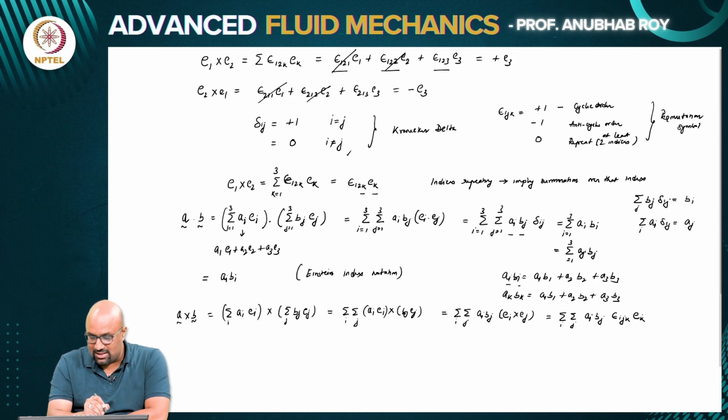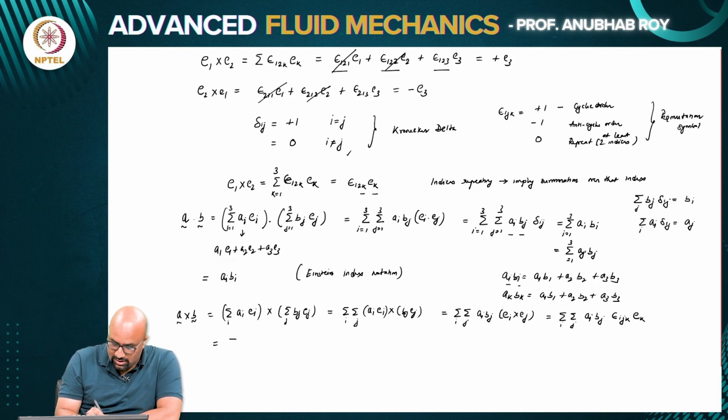We have done this by substitution: let us take i as 1, j as 2, and eventually the answer you are going to get is E3. If you were to take E1 and E1, i being 1 and j being 1, the answer would be 0. So, now you have this relation, summed over i and j, with epsilon ijk Ai Bj Ek.